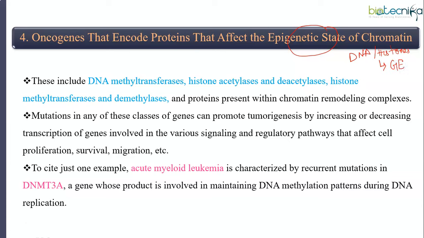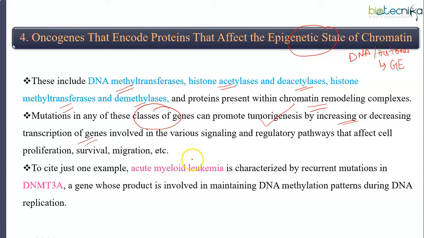So to carry out this process, we have a number of enzymes involved: DNA methyltransferase, histone acetylase, deacetylase, histone demethylase, methyltransferase, etc. All these proteins are present within the chromatin remodeling complexes. So mutation in any of these genes can promote tumorigenesis either by increasing or decreasing the rate of gene transcription.